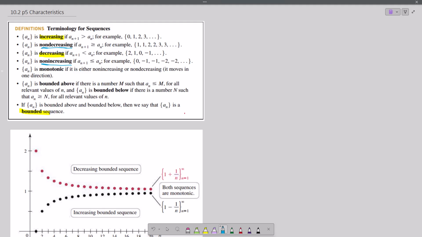We usually are going to define our sequences with functions, and the functions that we know are typically either increasing or decreasing. To create a function that goes flat and then continues up, the only way we've ever been able to do that is with a piecewise function. So the connected idea with increasing is non-decreasing.